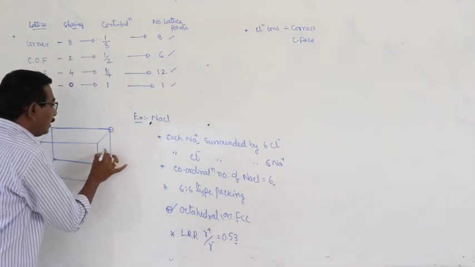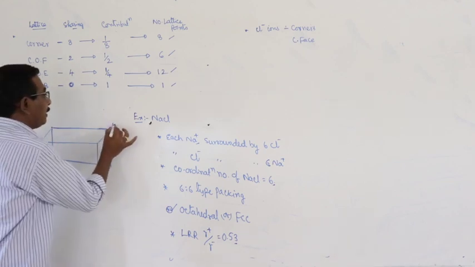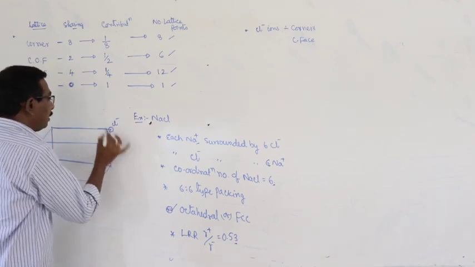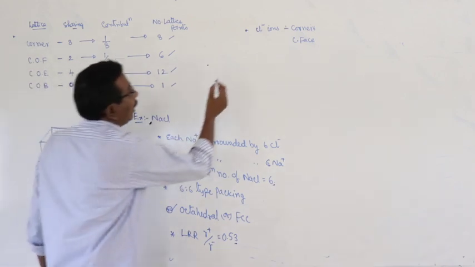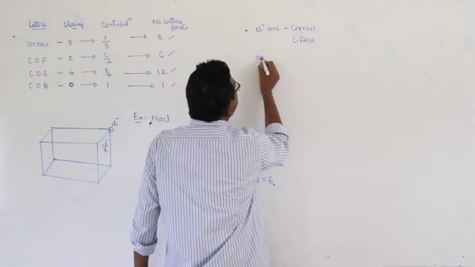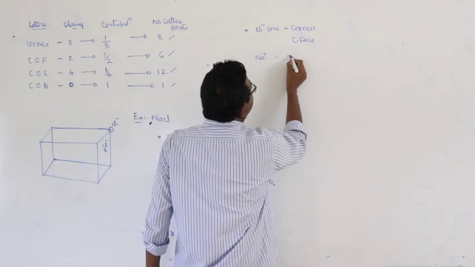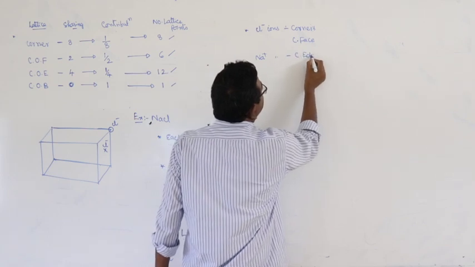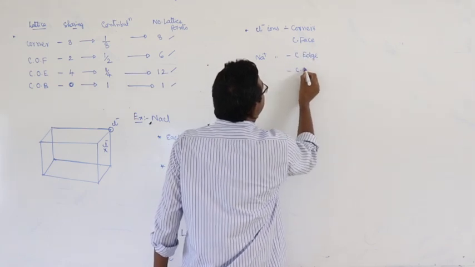Corners, center of the face: here this is Cl minus ion. And Na plus ions are present at center of the edge, center of the body.